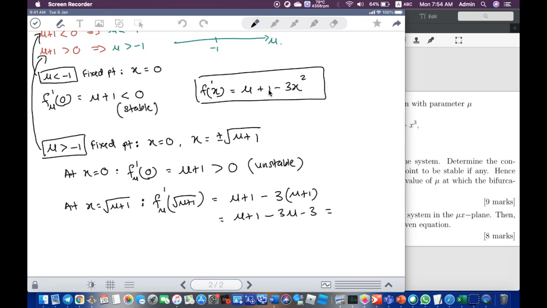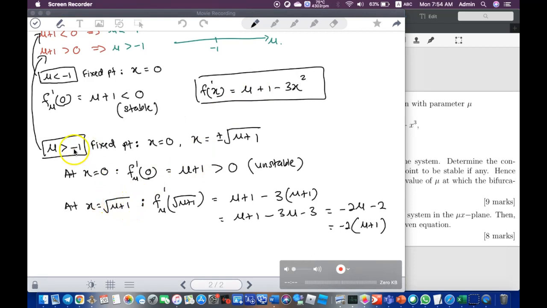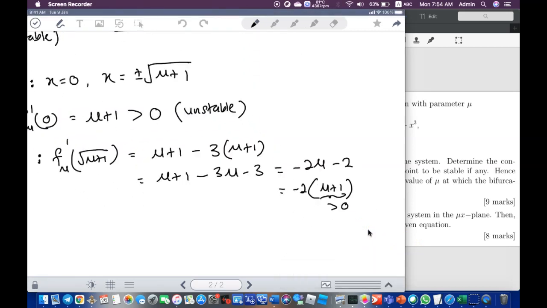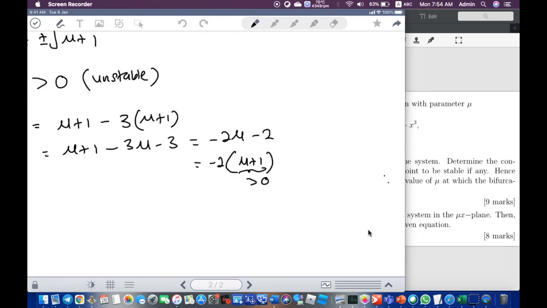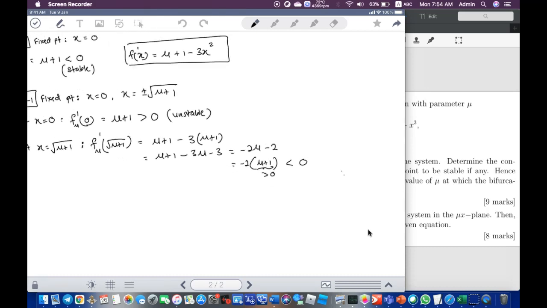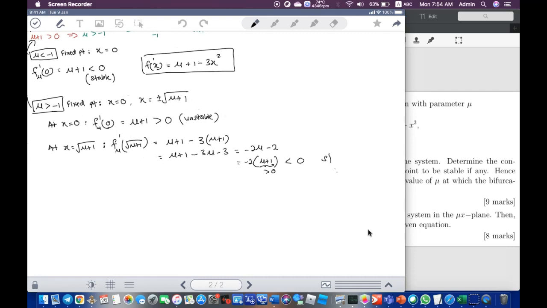So we got negative 2 mu minus 2, isn't it? So we can have minus 2 times mu plus 1. Okay, in this case, this is for the case of mu plus 1 positive, so all the values here should be negative. So it tells you that at this equilibrium point, when mu is greater than minus 1, it is stable.